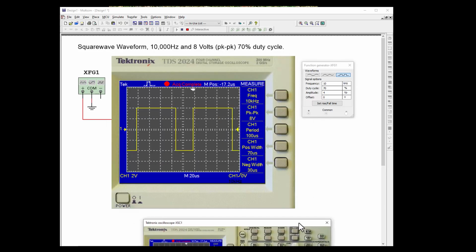And let's take him out of the way. All right. So here we have our 10K, 8 volts peak to peak. Period's the same. But if you look here, we're looking for 70% duty cycles. If you look now, we have a positive width of 70. So if we do 1, 2, 3, and some more, that would be 70. So if you have 70 divided by 100, multiply it by 100 and move the decimal point, you have 70%. Good.